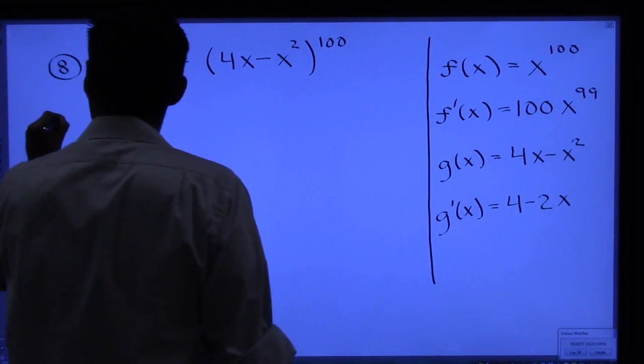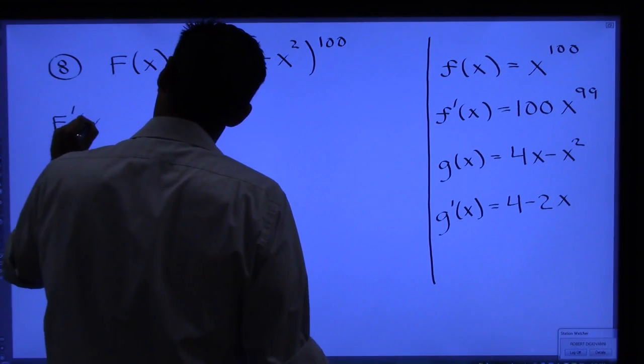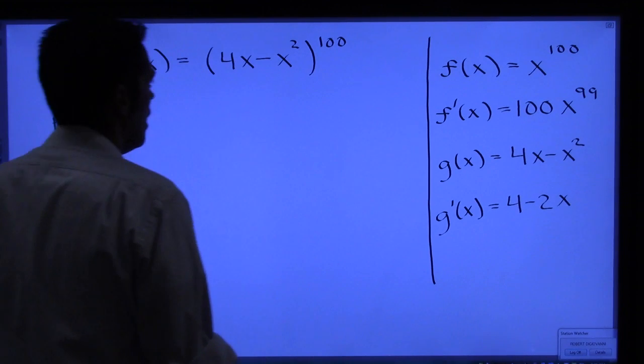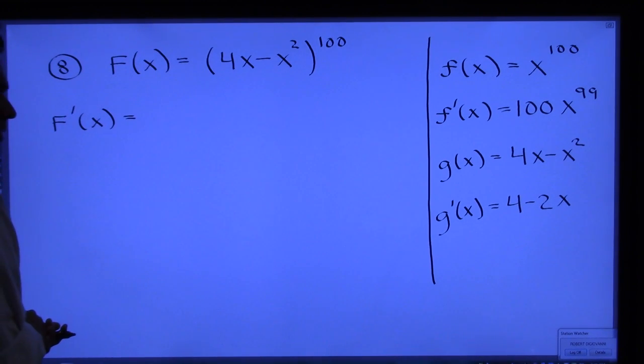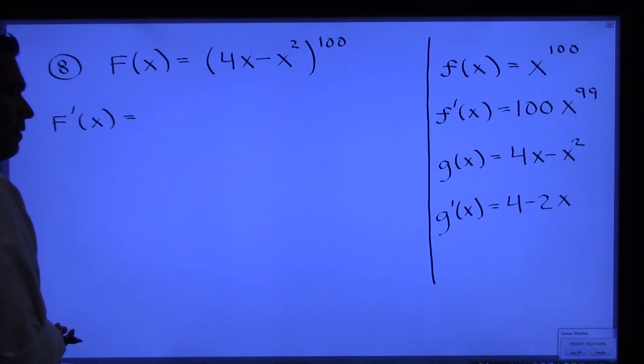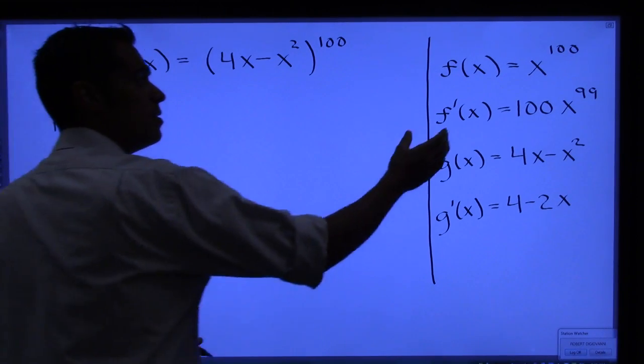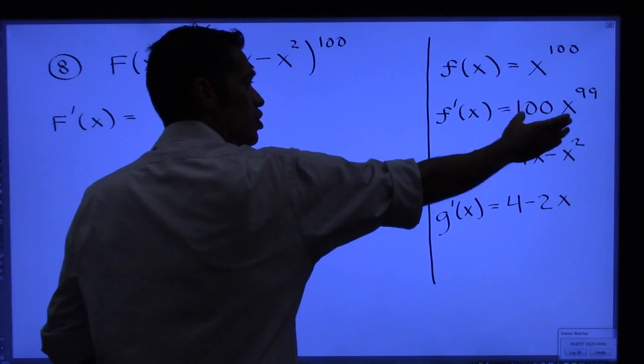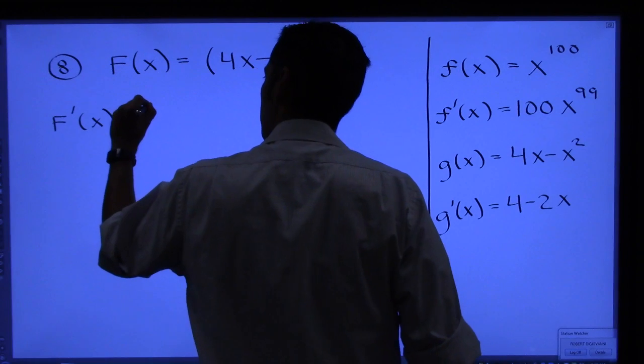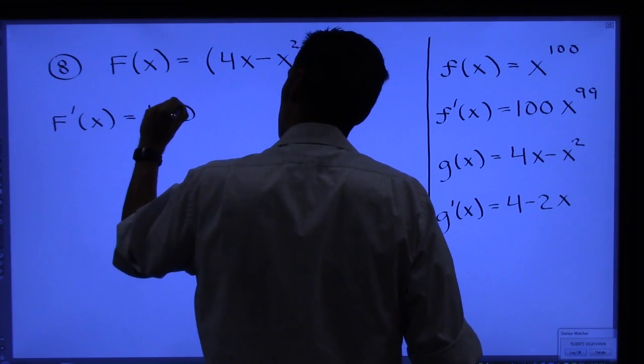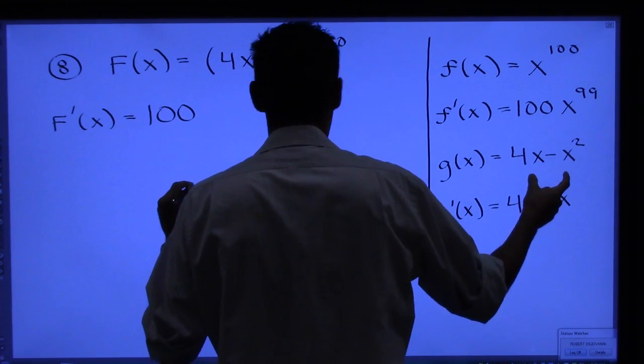And so when I go to take this derivative, capital F prime, I'm going to try not to write the formula down right now. It's f prime with g plugged in. So it's 100, but instead of x, I plug in g.